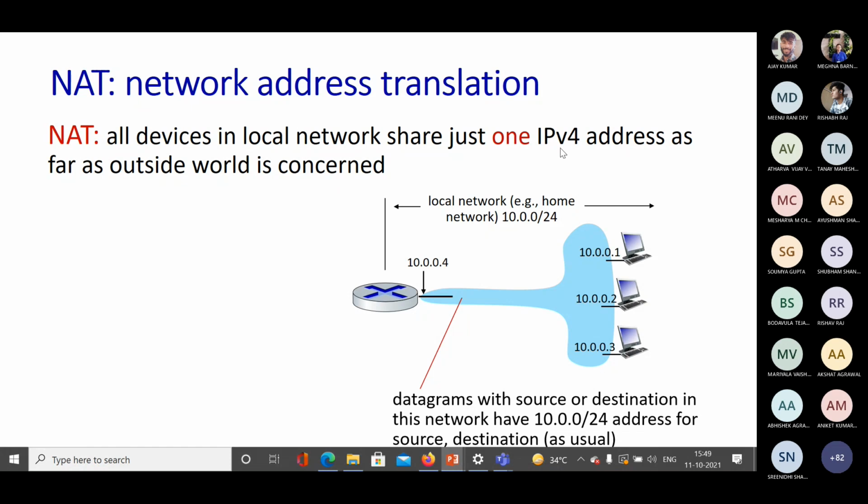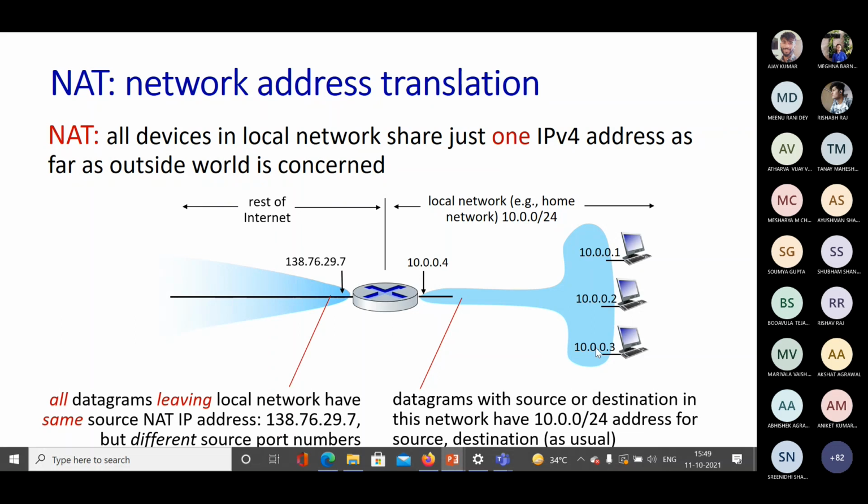If you have such a scenario, this is the router, and this interface is given the IP address 10.0.0.4, and all the devices associated in this subnet are given the IP addresses 10.0.0.1, 2, and 3.